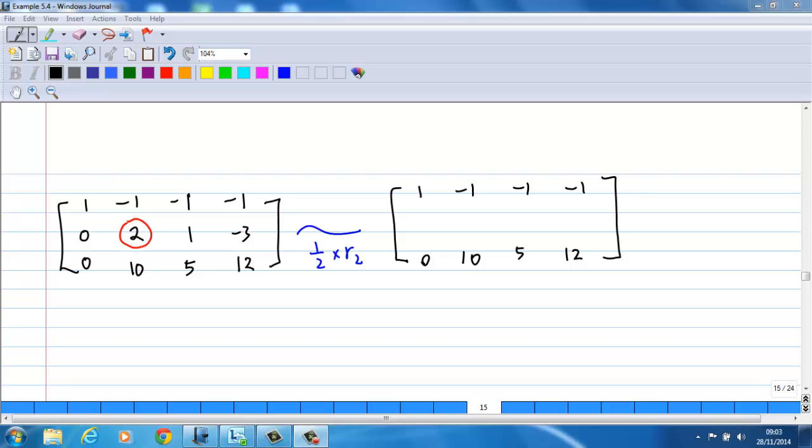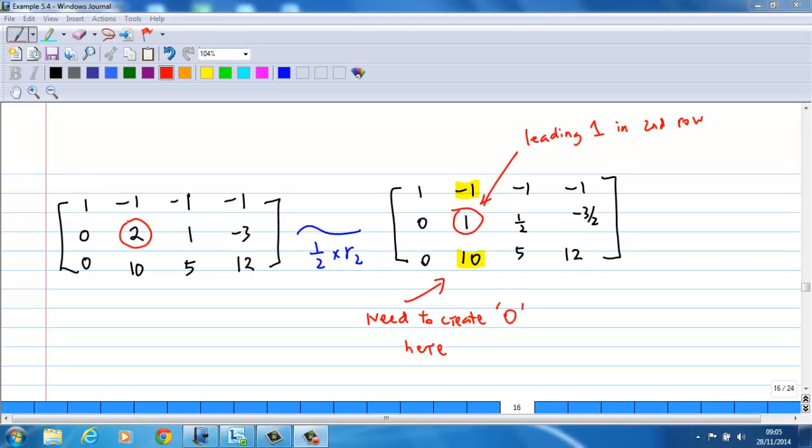After taking half times row 2, the second row becomes 0, 1, half, negative 3 over 2, while the first row and third row remain unchanged. So we have a leading one in the second row. We need to create 0 for all the entries below and above the leading one.